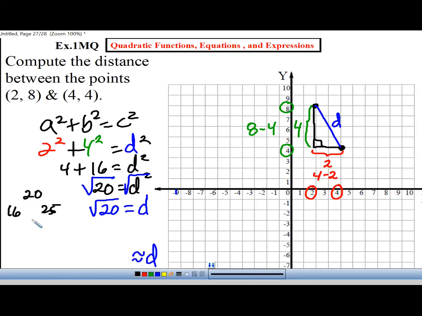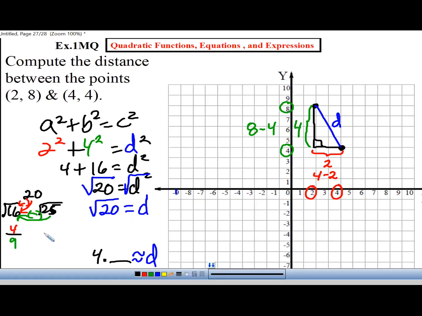So if square root of 16 is 4, square root of 25 is 5, that means this one has to be 4 point something. Is that correct? Okay, so let's find that something. 20 minus 16, that is 4. 25 minus 16, that is 9.